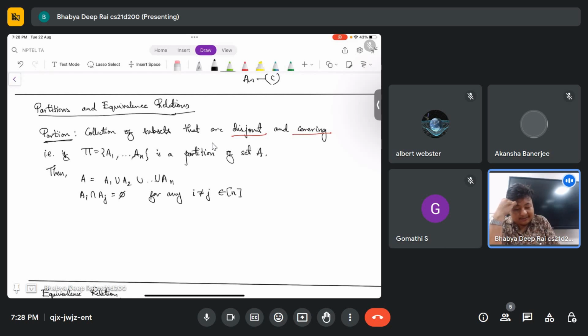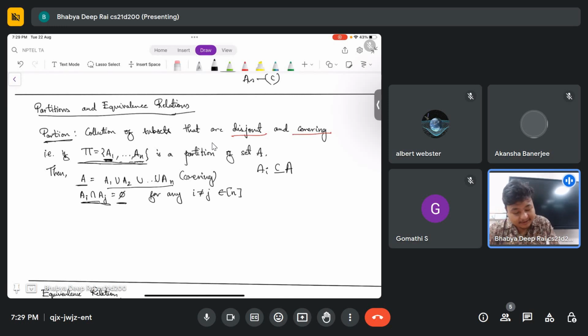In other words, if this is a partition of subsets A1, A2, and so on, AN, where each Ai is a subset of this mother set A, then firstly it says covering. It covers A, which means that if you take the union across them, it will give you exactly A. And if you intersect any two of them, you get the empty set.